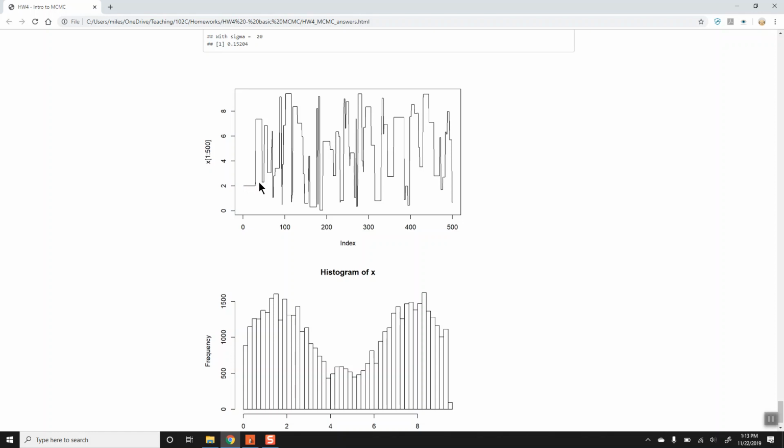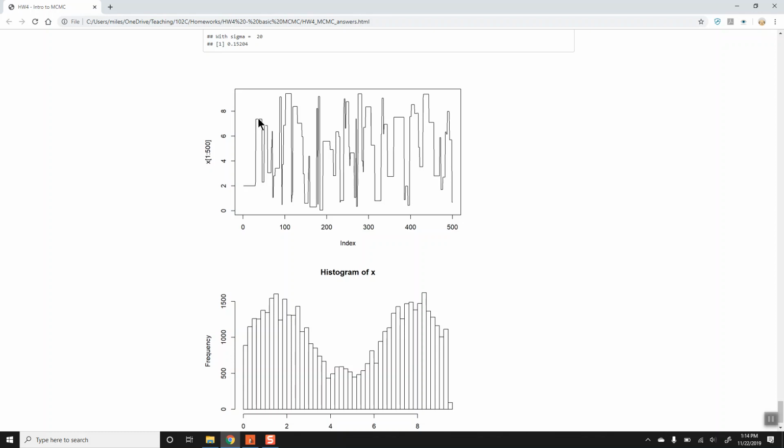Only when we proposed something like 7.5 did we say, okay, this one is within reason, and we accept it. Then we were at 7 and we proposed a whole bunch of things and just kept rejecting them.